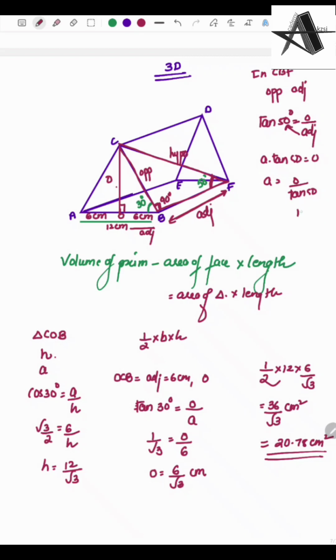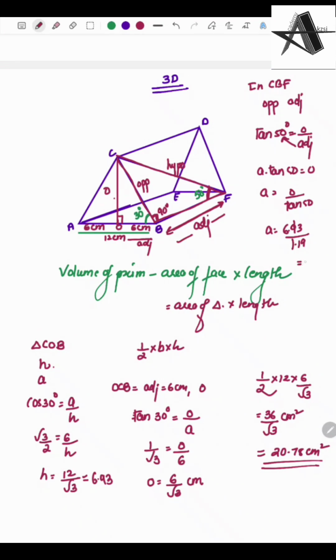Opposite is 12 over root 3. Let me find the value of 12 over root 3. This is 6.93. So adjacent is 6.93 over tan 50, so the final answer will be 5.82 centimeters.